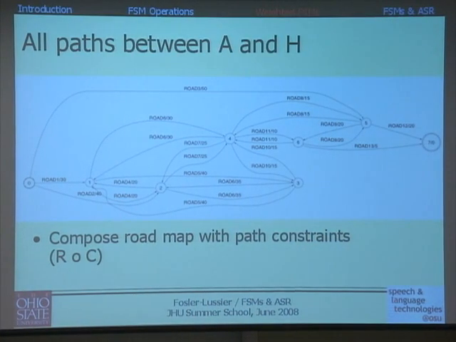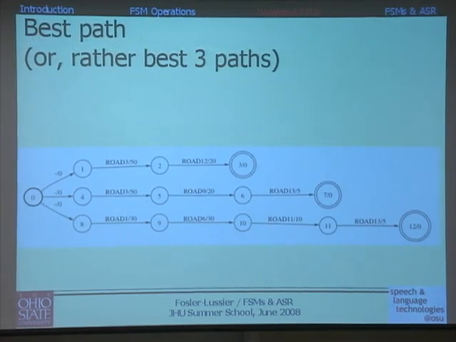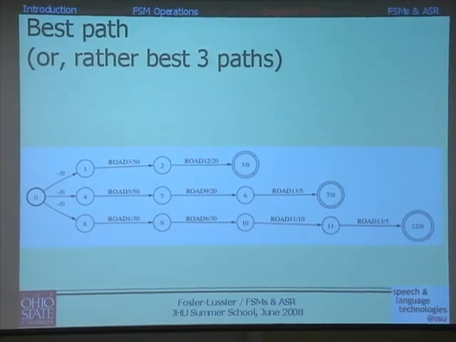I can use dynamic programming, Dijkstra's algorithm, any of these things, which all basically boil down to the same dynamic programming algorithm Demetria showed. Okay, so here's the shortest path. In this case, taking road 3 directly to road 12 gives you a cost of 70.